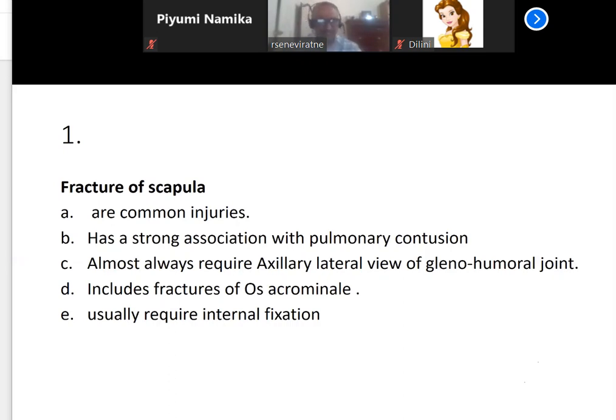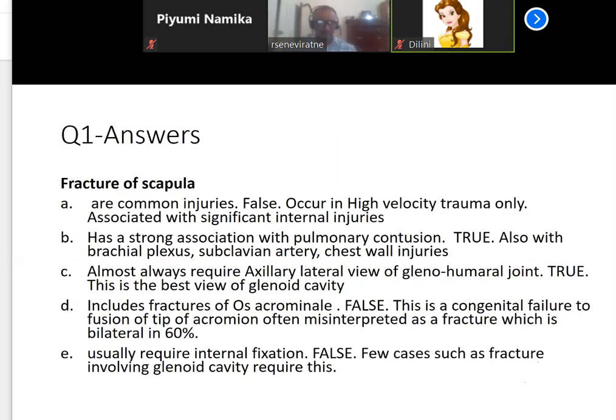Acromiale is a lack of fusion of part of the acromion, so you might mistakenly take it as a fracture. And usually requires internal fixation. False. So just going through the injuries.